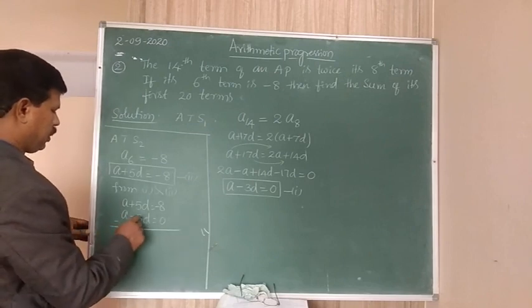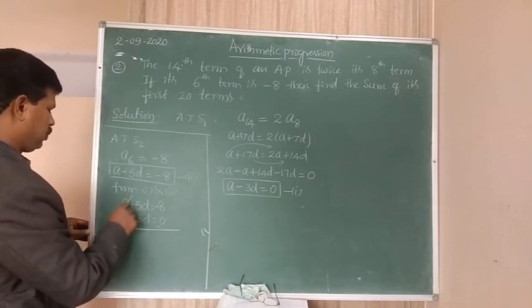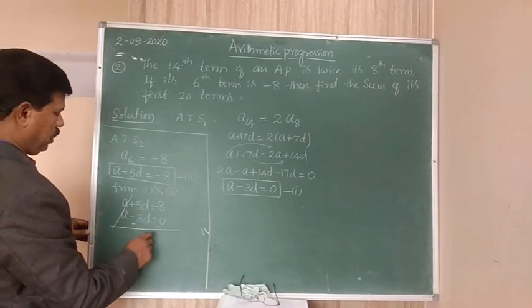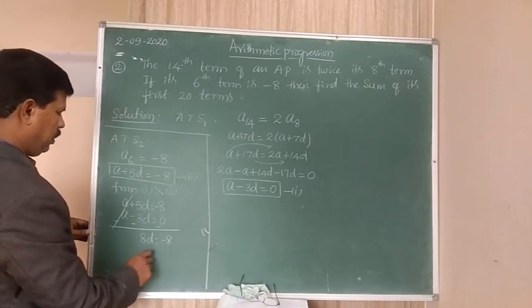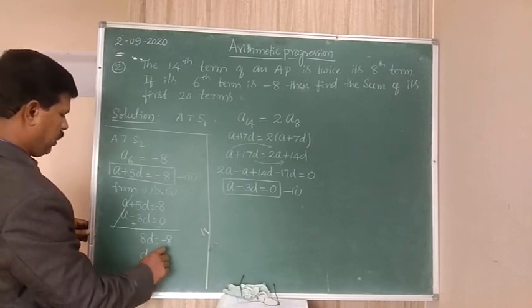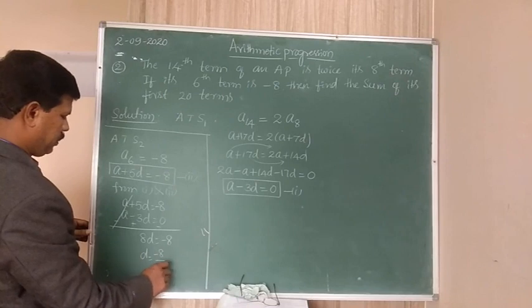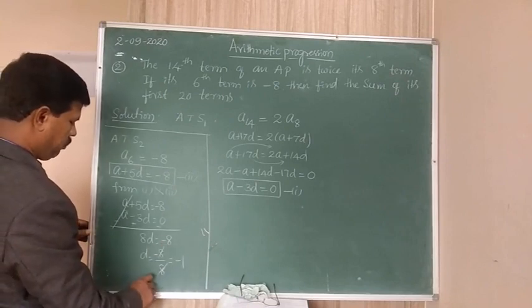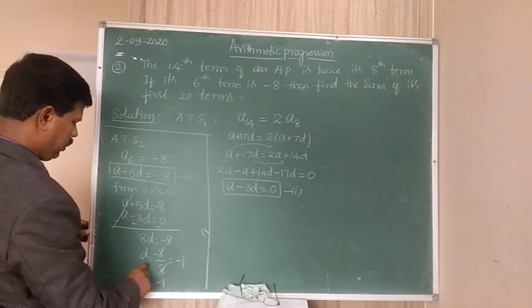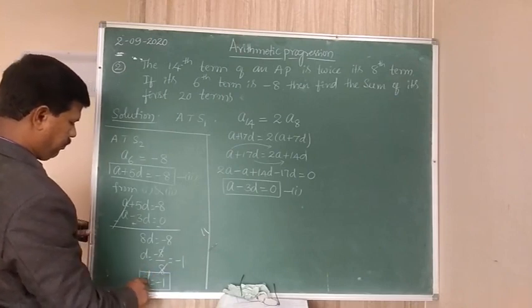So subtraction. So it becomes 0. Then 8d is equal to minus 8. Right. Then d is equal to minus 8 by plus 8 equals minus 1. D value is minus 1.